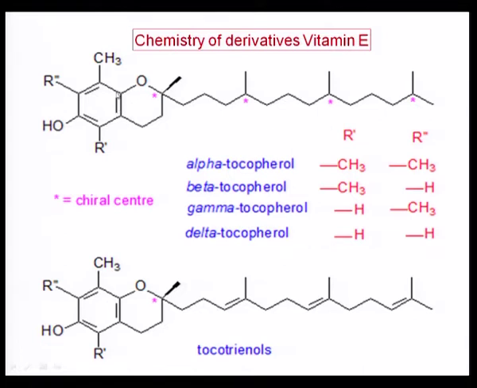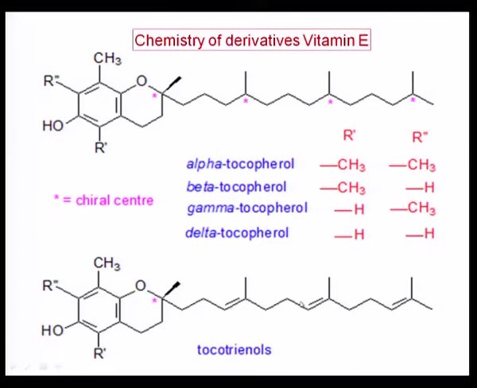If you look at the primary ring, here you have the tocol nucleus, or what we call the chroma nucleus, and here you have a side chain. In the tocopherol family of compounds, this side chain is completely saturated, whereas in tocotrienols, the side chains contain alternate double bonds, or as we call them, isoprenoid units.